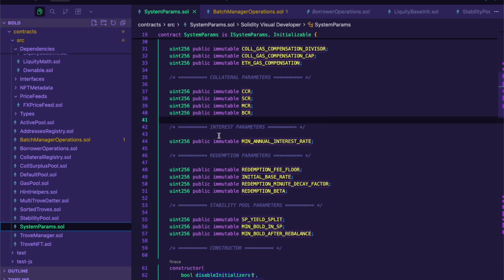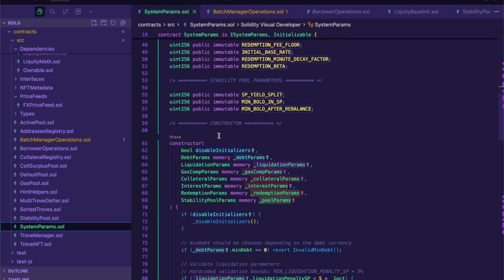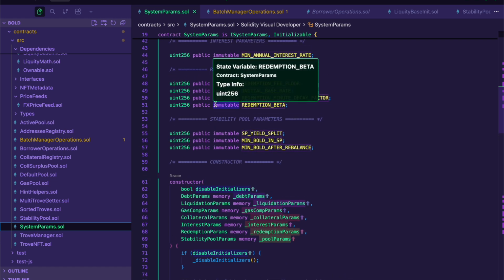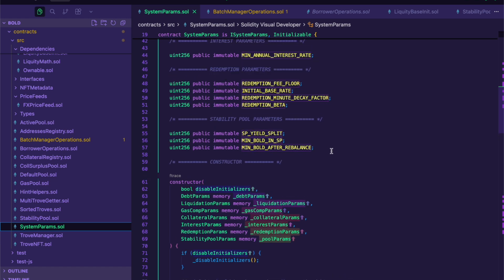Everything here is immutable, and what we wanted to achieve with this is to make these values upgradable, but without actually having storage reads for each configuration read.